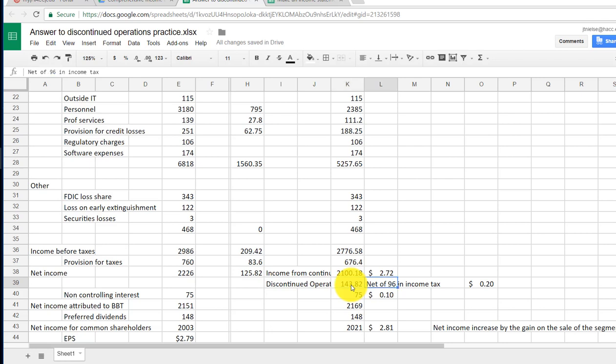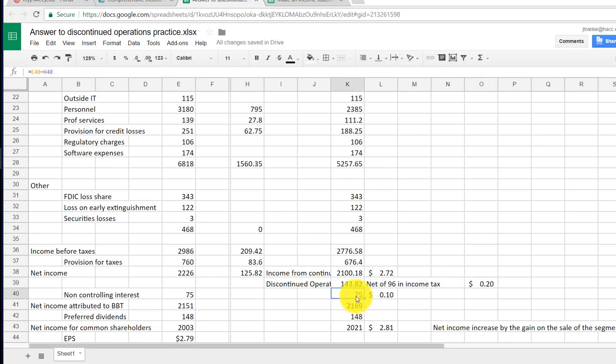We disclose the amount of tax that was part of that. So that tax is the 83.6 or 84 plus the 12 on the gain, a total of 96. So we put that as a description right on the face of the income statement. We do an earnings per share calculation, dividing the 144 by the number of shares outstanding.